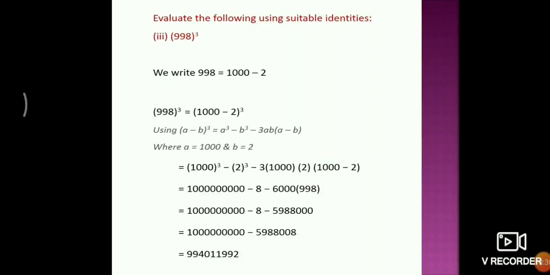Again, comparing it with the identity (a minus b) whole cube, I got a is equal to 1000 and b is equal to 2. Substituting these values, I got 1000 whole cube minus 2 whole cube minus 3 into 1000 into 2 bracketed (1000 minus 2).